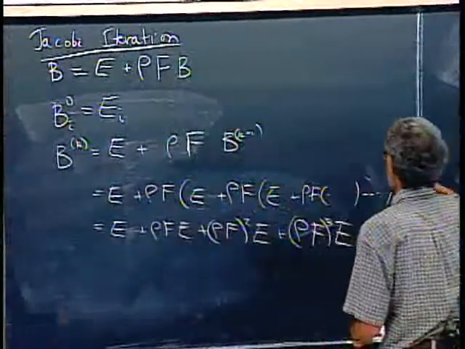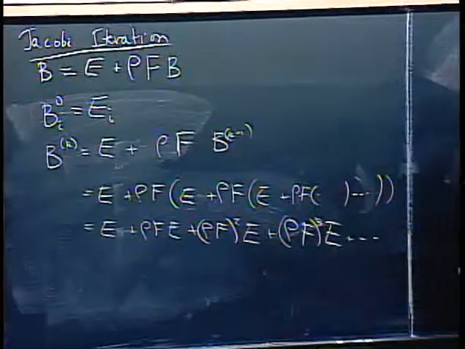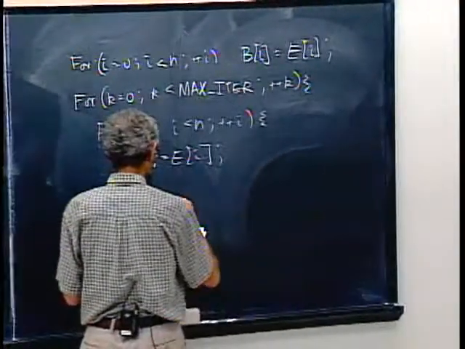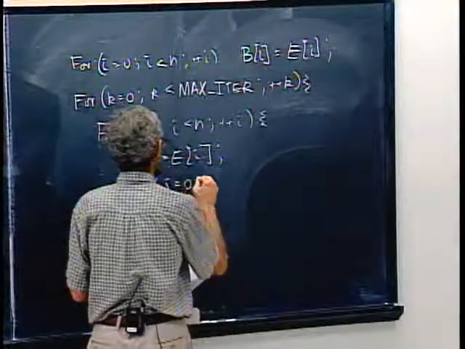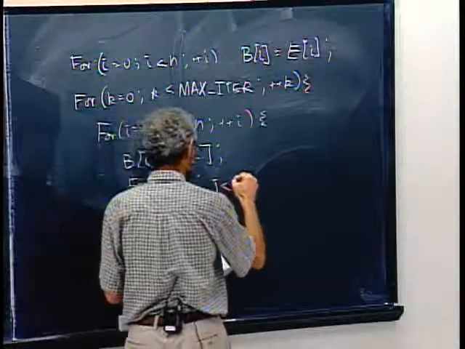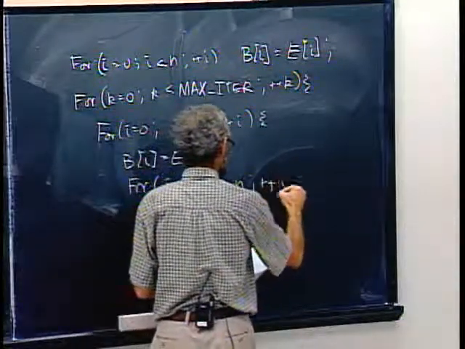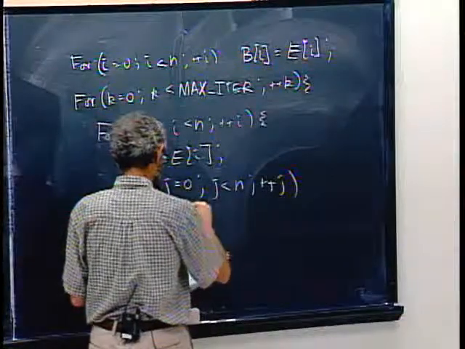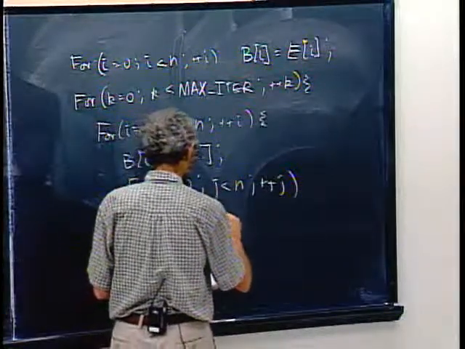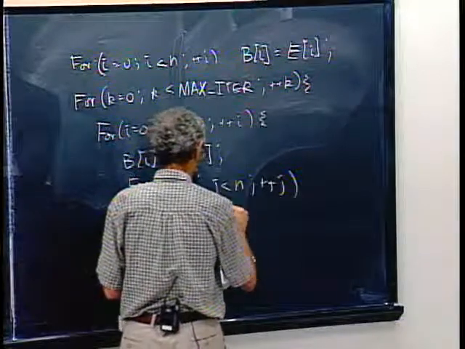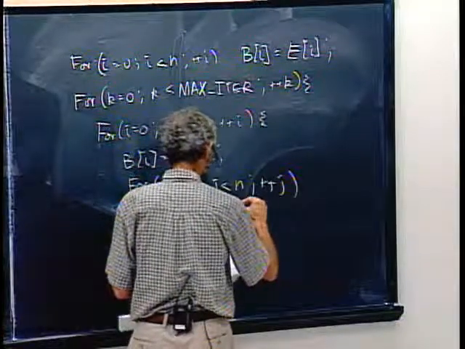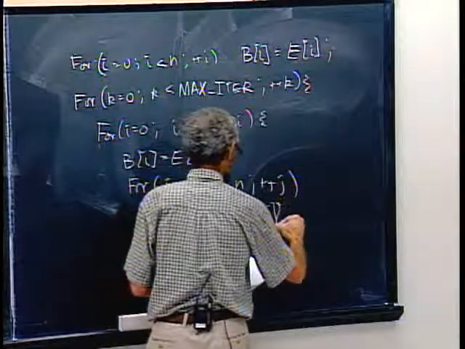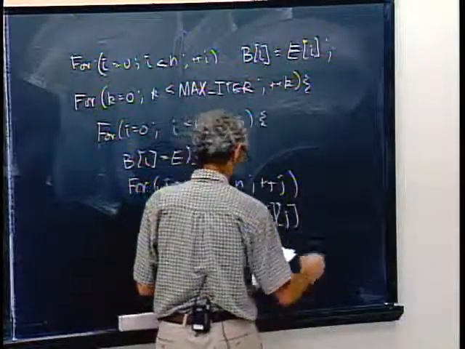And then I have to add on the multiplication. So that's for j equals 0, j less than n, plus plus j, B i plus equals rho i times f i j times B j.